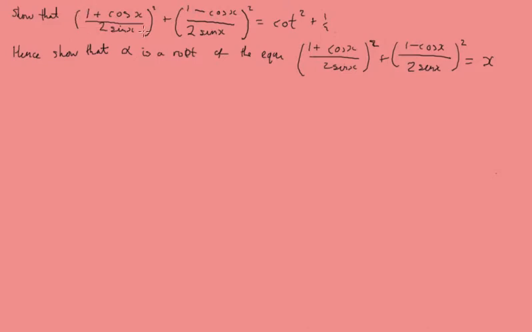We want to show that alpha is also a root of the equation x equals the inverse of tan of the square root of 2 over 2x minus 1, for x between 0 and pi over 2.